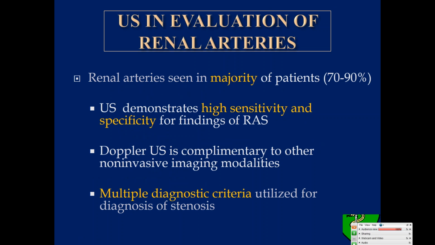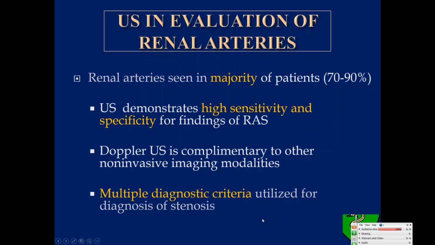And ultrasound demonstrates very high sensitivity and specificity for renal artery stenosis. It is always a complementary modality when we cannot see the origins of renal vessels, and also when we have limitations such as obesity or too much bowel gas. These patients will undergo evaluation with other modalities for renal artery stenosis.